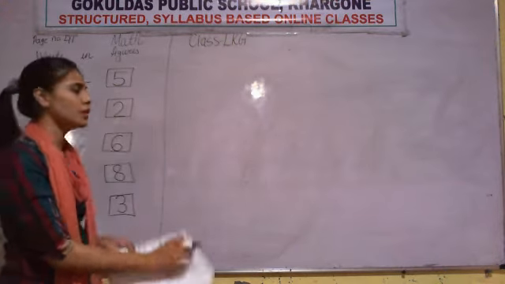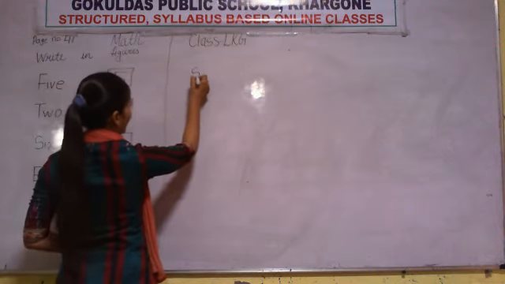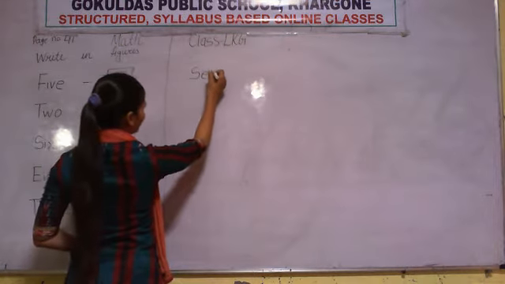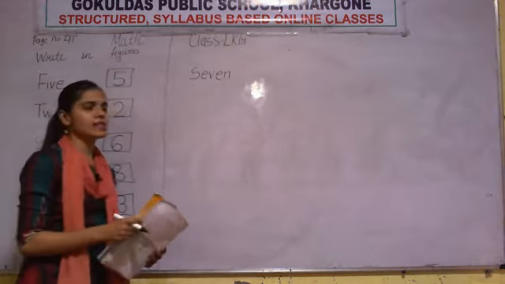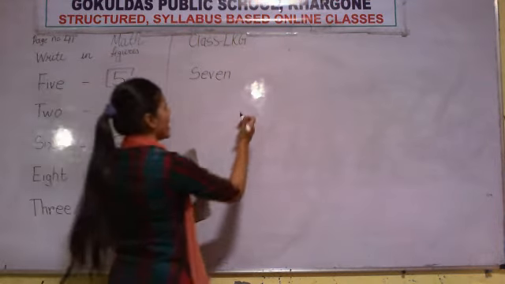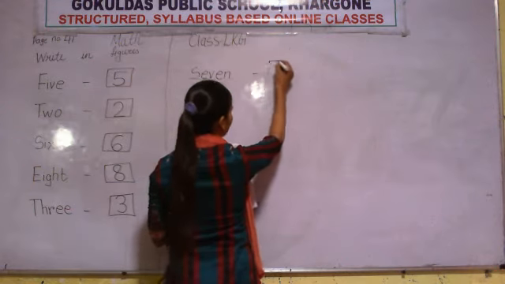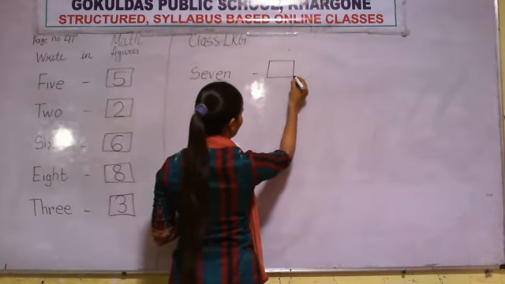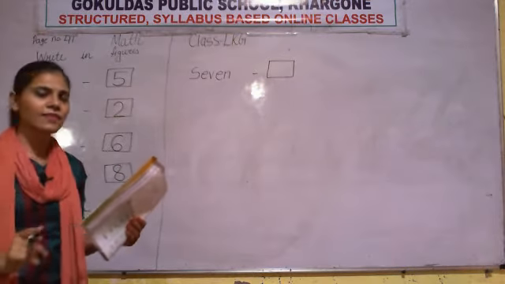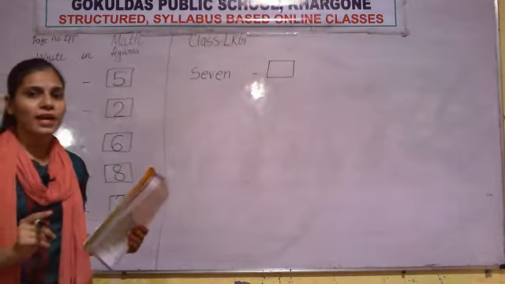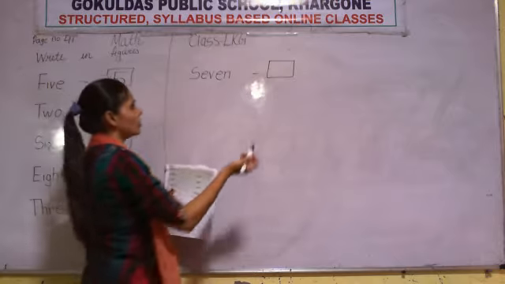On number 1, S-E-V-E-N. What is S-E-V-E-N? S-E-V-E-N is 7. So in this block you write number 7. Now how to write number 7? Look at the board.